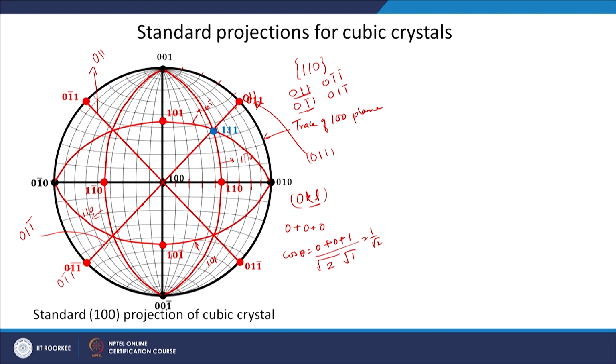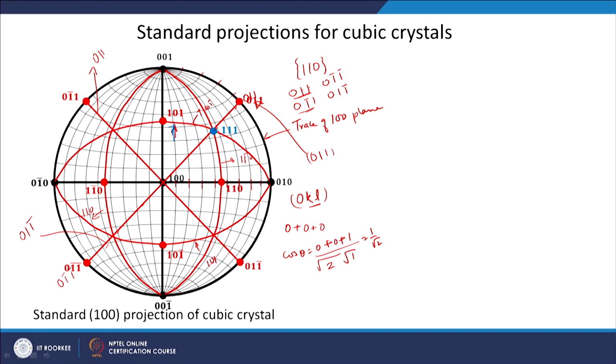There is another way to find out whether this is a 111 plane or not, by knowing on which trace it is falling. As you can see, the 111 plane is falling on 3 traces here. We can take any 2 here. Let me change the color a little bit, so that it will be easily seen.